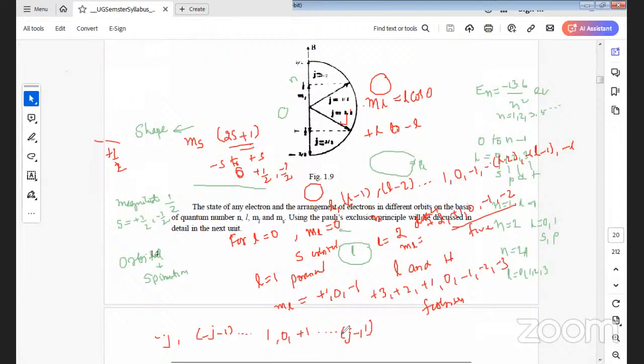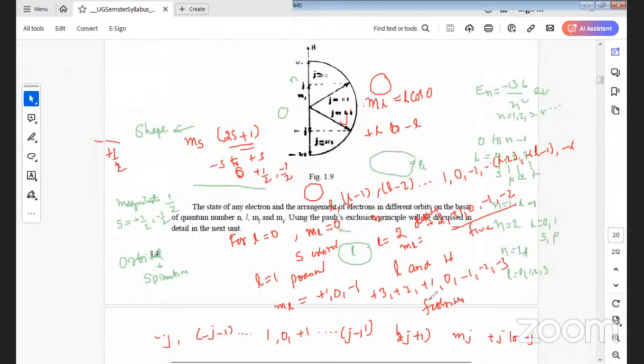The permitted orientations for this total angular momentum quantum number are 2j plus 1, and hence mj can have only 2j plus 1 values, starting from plus j to minus j, excluding 0.